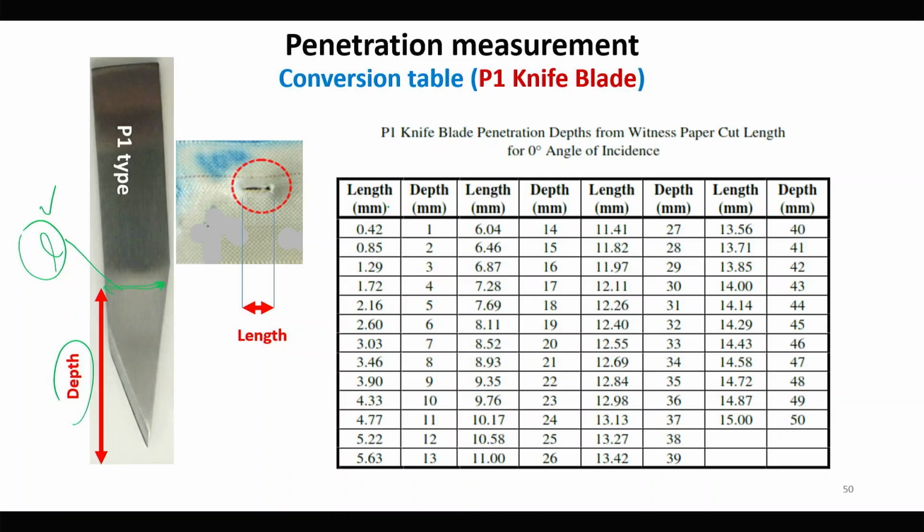So, it is given here. If the length is 0.42, then the depth of penetration will be 1 millimeter. If it is 4.77, the depth of penetration will be 11. What does it mean? It means that if the depth of penetration is say 5 millimeter, the cut length will be 2.16.